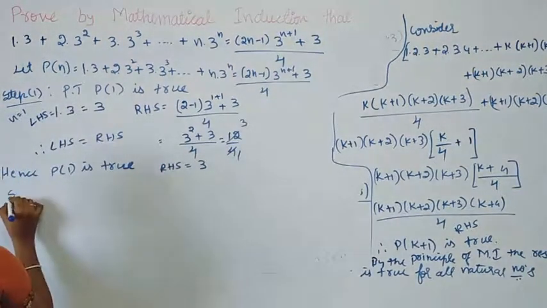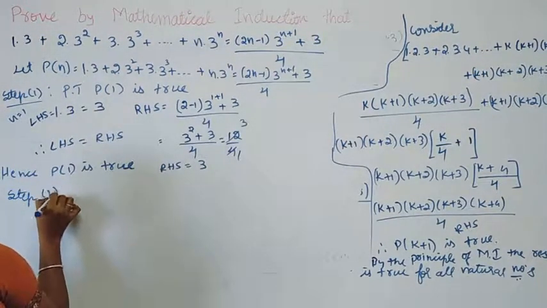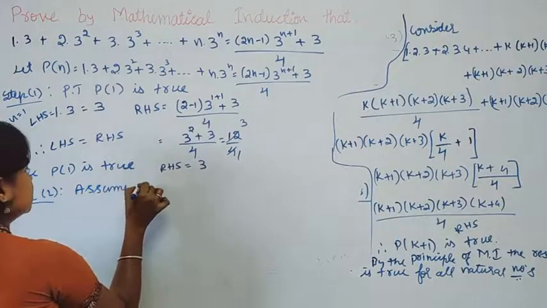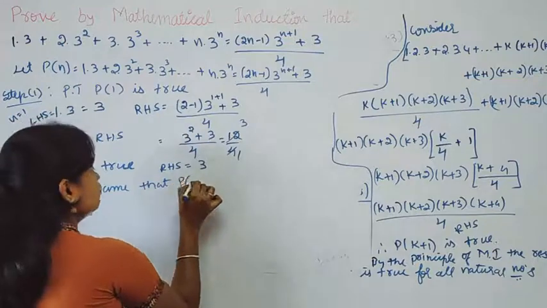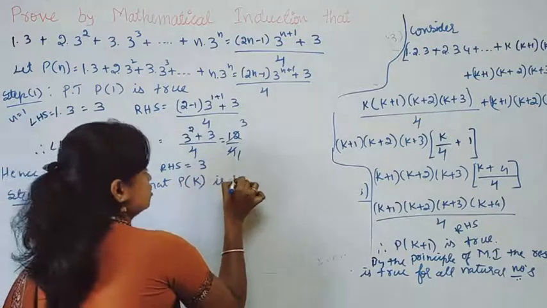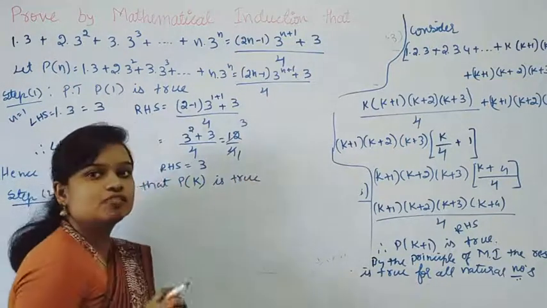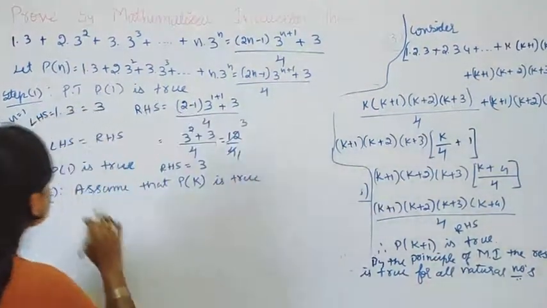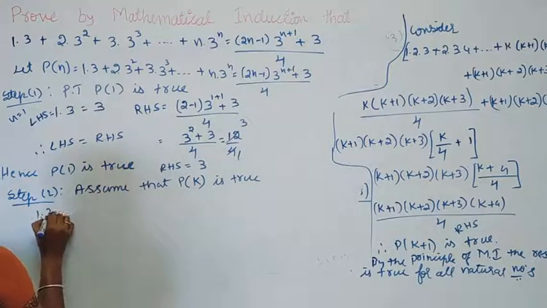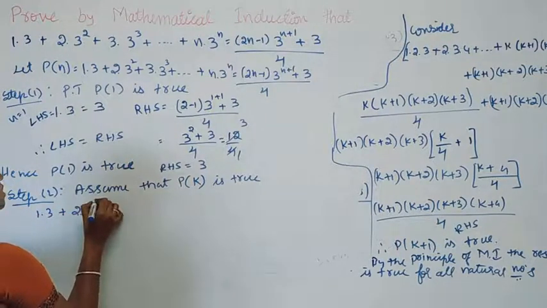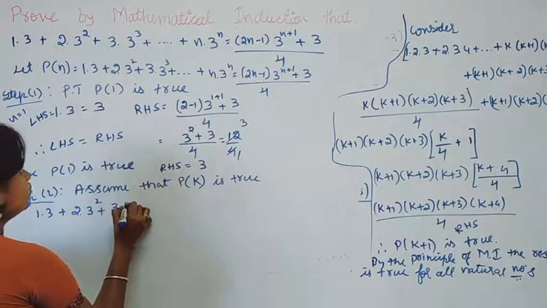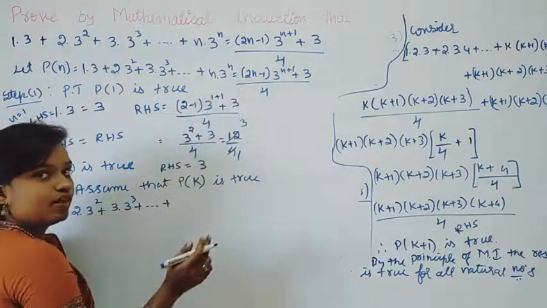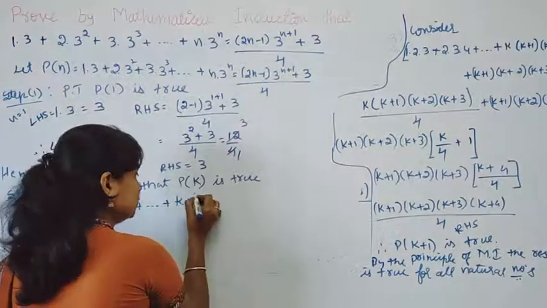So next step 2. Step 2 is what? Assume that P of k is true. So the step 2 is we have to assume that P of k is true. Then the statement becomes 1 into 3 plus 2 into 3 square plus 3 into 3 cube plus etc. plus n into 3 power n becomes k into 3 power k.